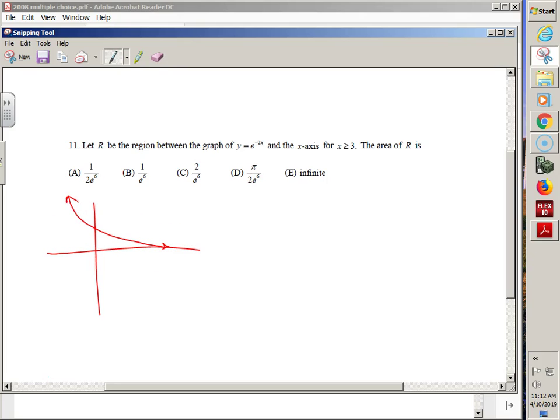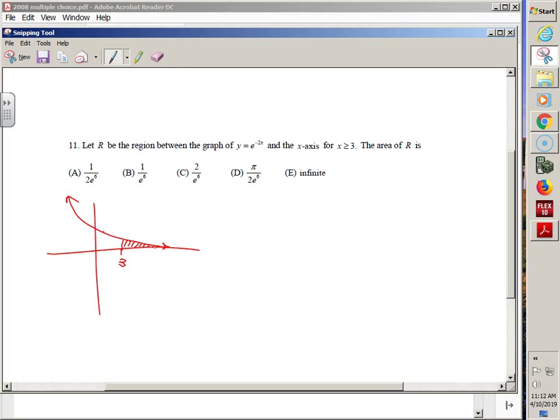Are we okay with that? e to the x goes swoop, e to the negative anything will reflect, right? Swoop. That would be really helpful because when it says x is greater than or equal to 3, I don't know what's going on, but I can at least say it's flush with the axis, which I'm not revolving, so I don't have to think disks or washers or shells.